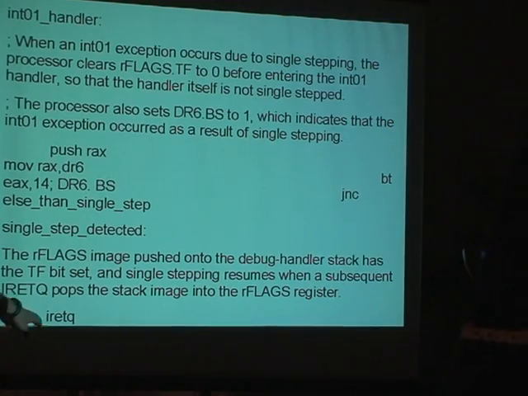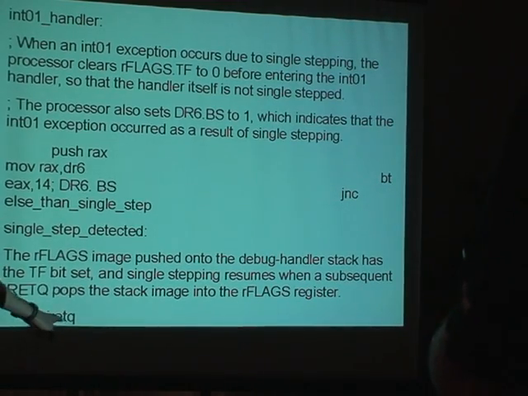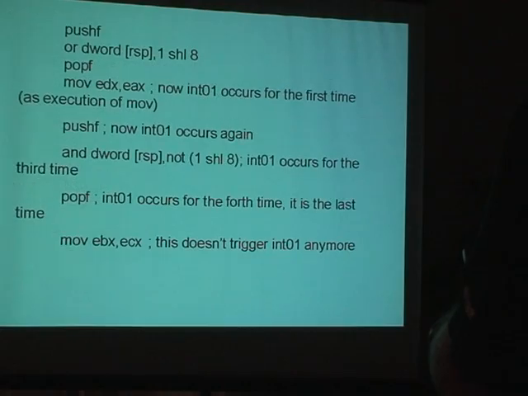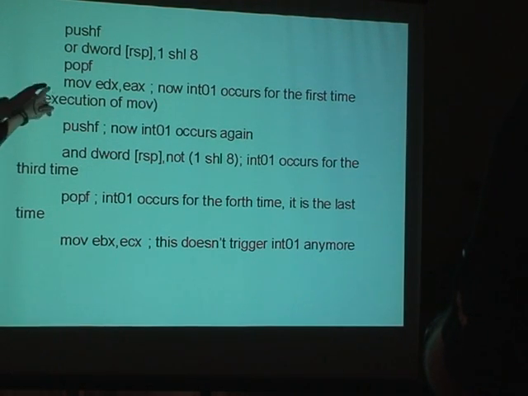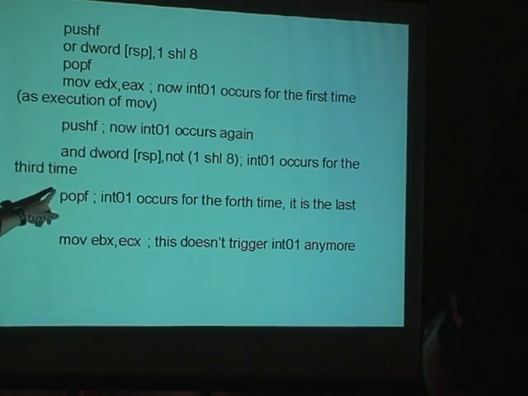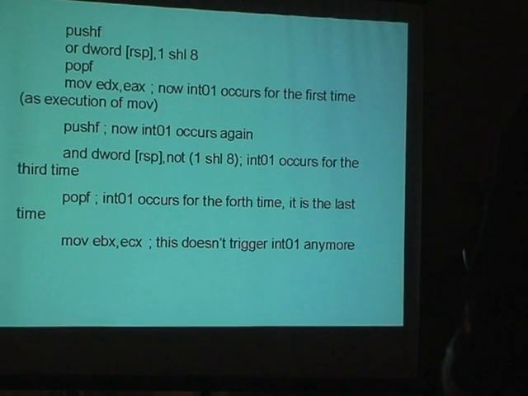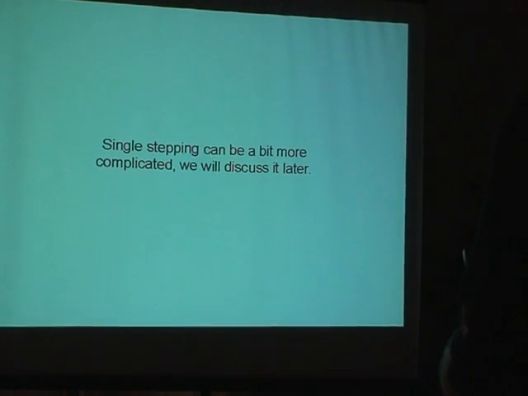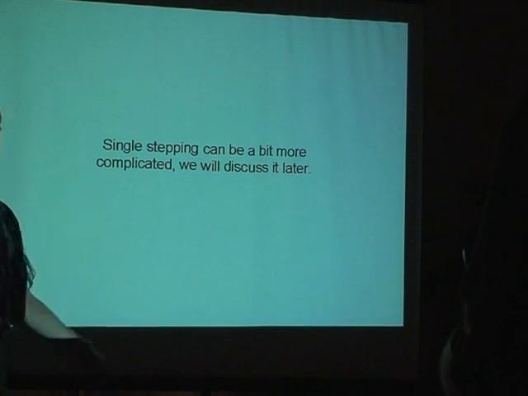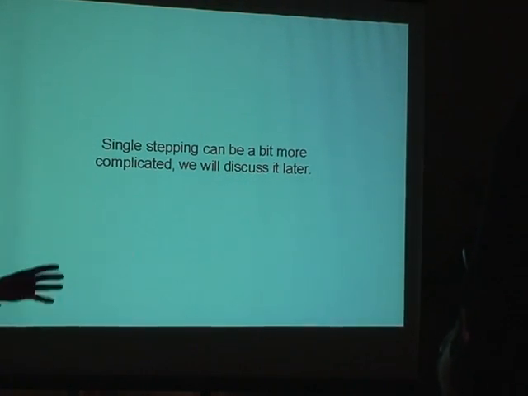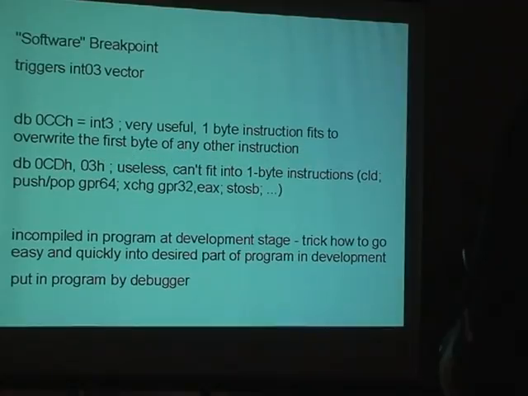This return leads to returning to the beginning of the following instruction every time. Okay? But single stepping can be a bit more complicated. We will discuss it later. It is the simplest scenario which I showed you.